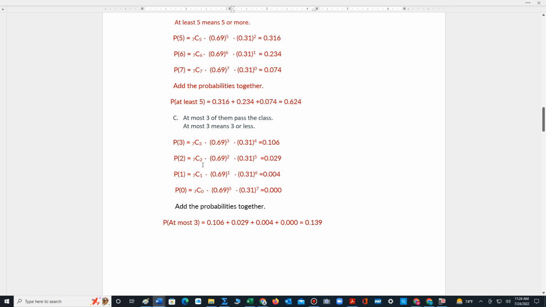And performing these computations, for P of 3 we get 0.106, P of 2 we get 0.029, P of 1 it's 0.004, and finally P of 0 is so small we round it to 0. Add up all the probabilities together, so the probability that at most 3 pass the class is 0.139.